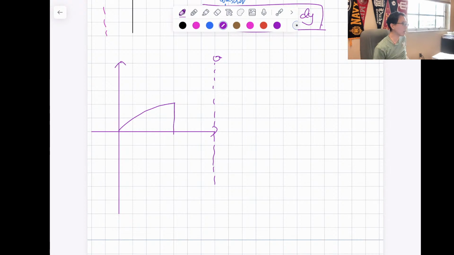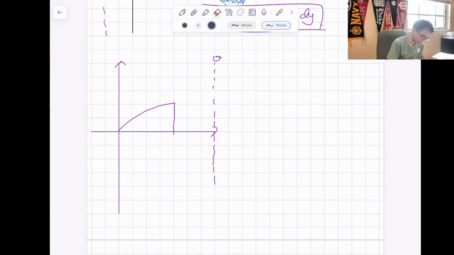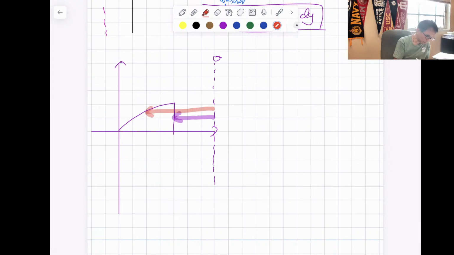All right, so the way I did this is just draw it out. You will see something. If I draw it out from here, I know my slices are gonna be dy, and it's also a washer because I'm gonna reach two boundaries here.